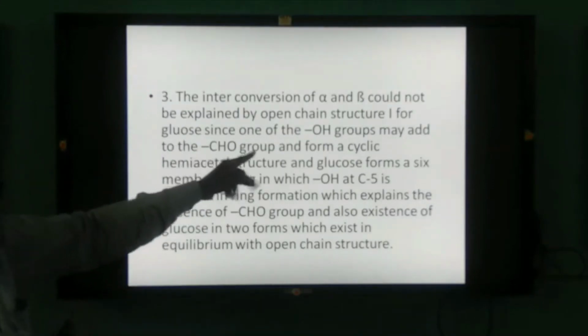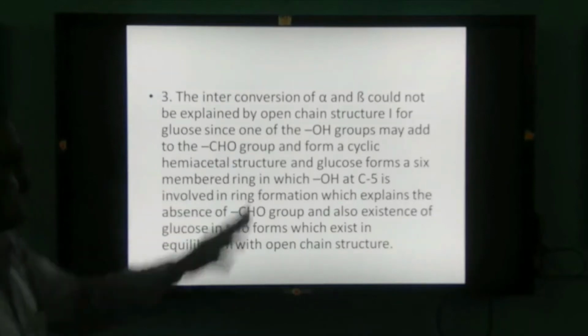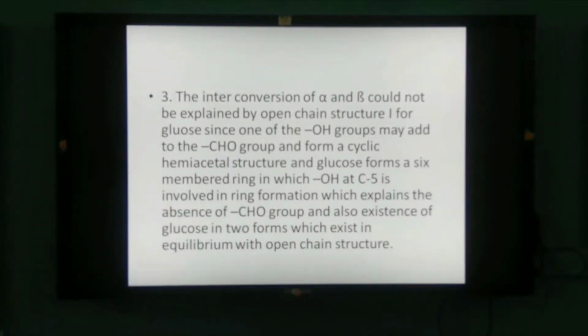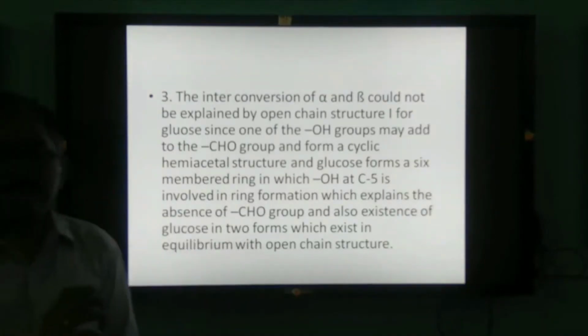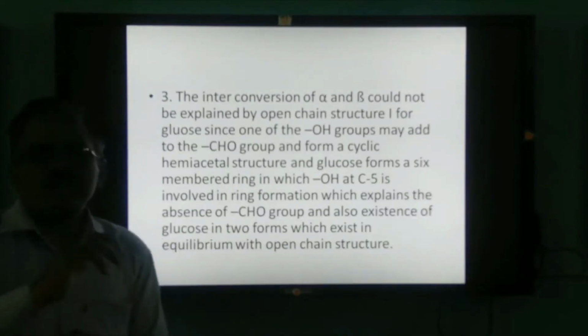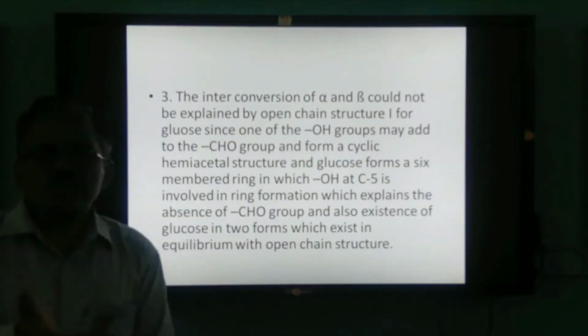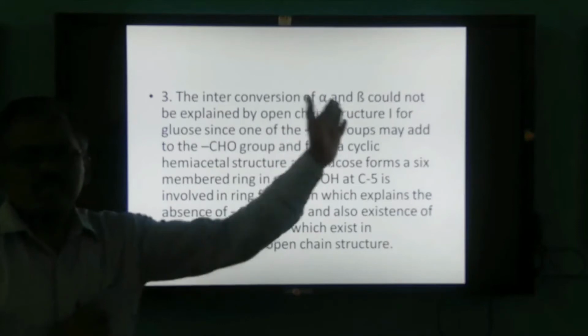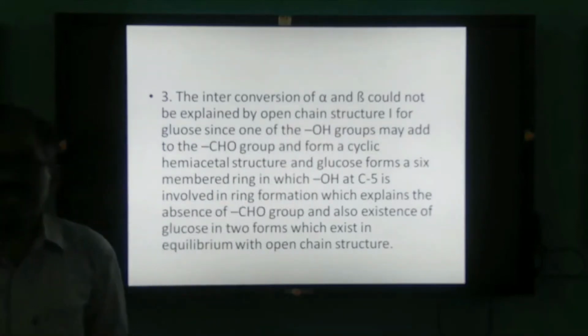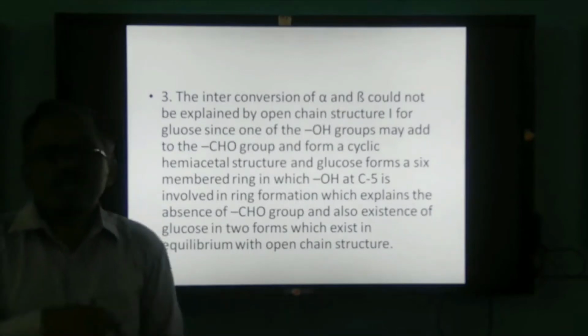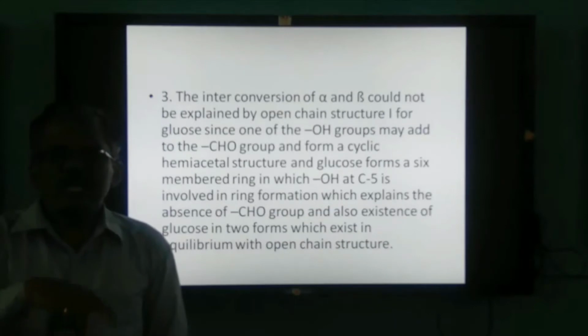One of the OH groups may add to the CHO group and form a cyclic hemiacetal structure, and glucose forms a 6-member ring. So that means the interconversion of alpha glucose and beta glucose is not explained by the primary glucose structure 1 given by Fischer, because it is involved in a cyclic formation, that is the OH of C5 and the CHO group.